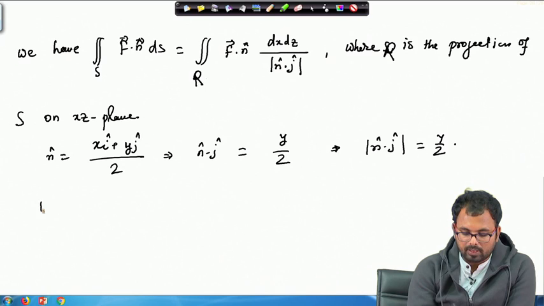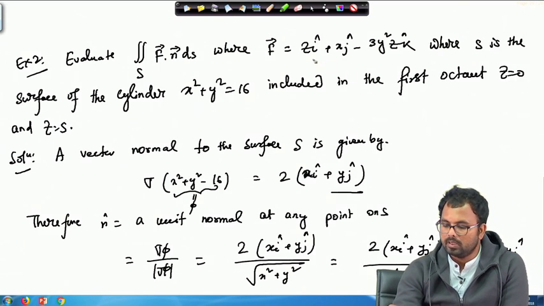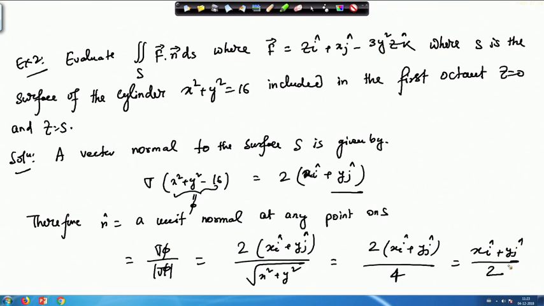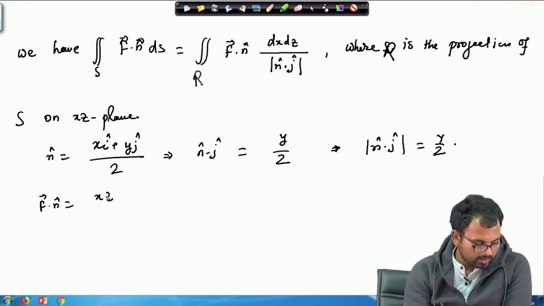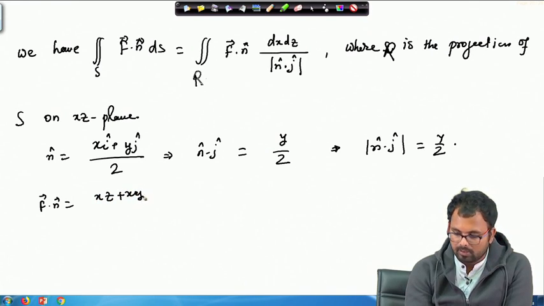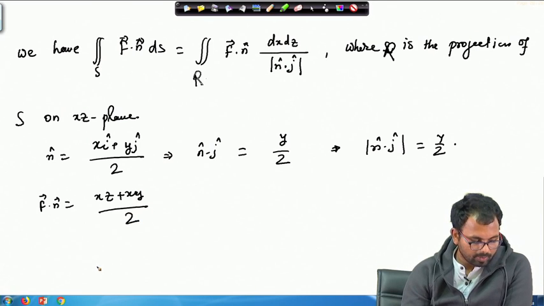And f dot n is basically, our f is given by z i plus x j minus this. So when we take the dot product, the k component is 0, and therefore this will be xz plus xy by 2, right.